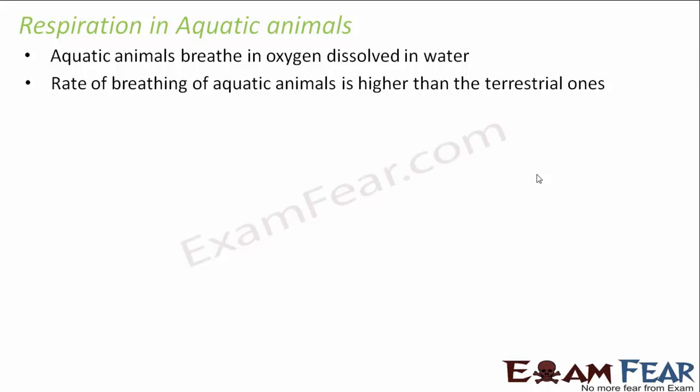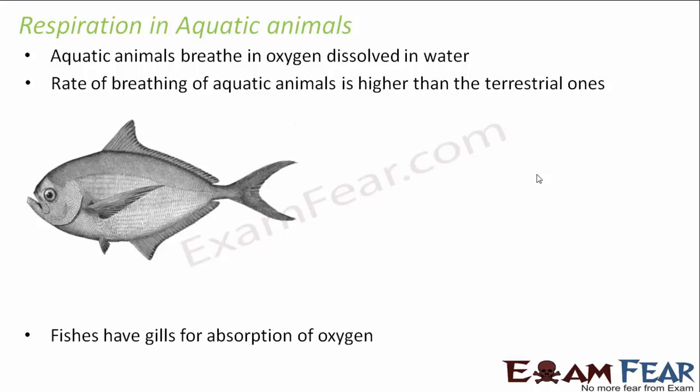And moreover, the amount of oxygen which is present in air is more, whereas the amount of oxygen which is present in water is comparatively lesser. Now if the amount of oxygen which is present is lesser, that means we will have to breathe very frequently to take in more and more oxygen, and that is why the rate of breathing of aquatic animals is higher than the terrestrial ones.